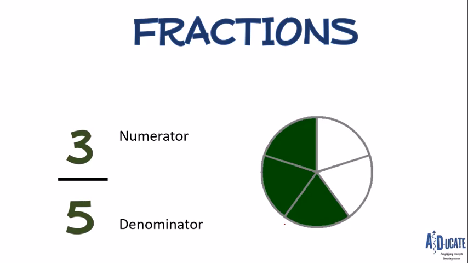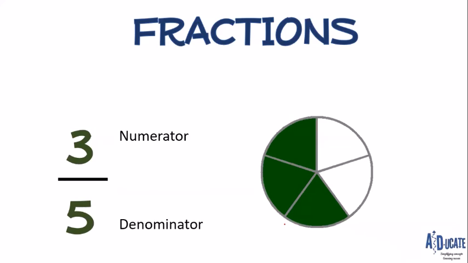It depends on how you want to cut or share something that is a whole thing, then that number becomes your denominator. In this case, our denominator is 5 because we have cut our cake into 5 equal parts.